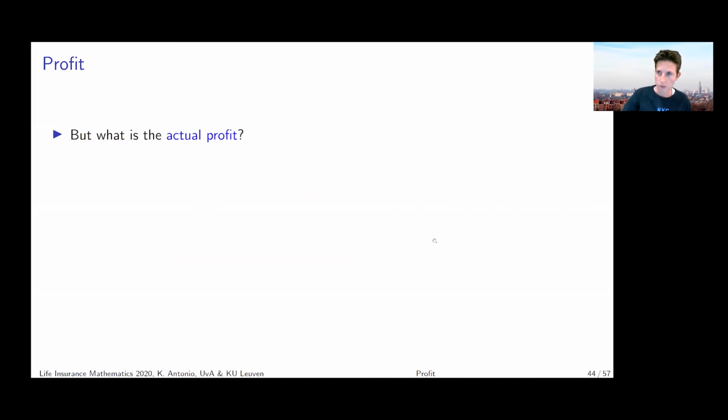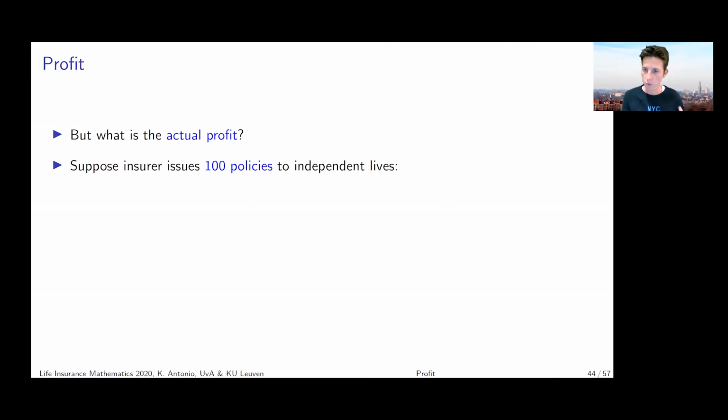And now we're going to step to a group of contracts. We're going to suppose, for example, that our insurance company issues 100 contracts of this particular policy. And we're going to assume that all the lives covered by these 100 contracts can be assumed to be independent.